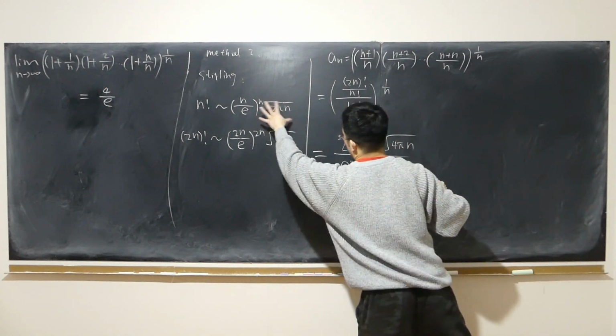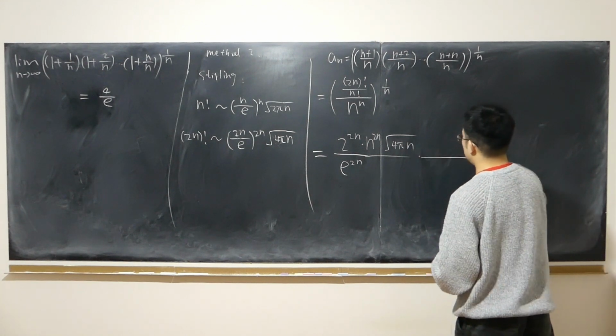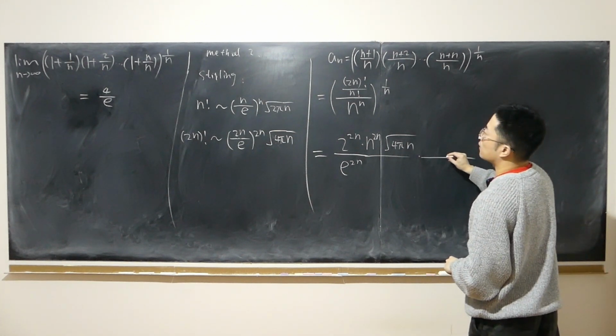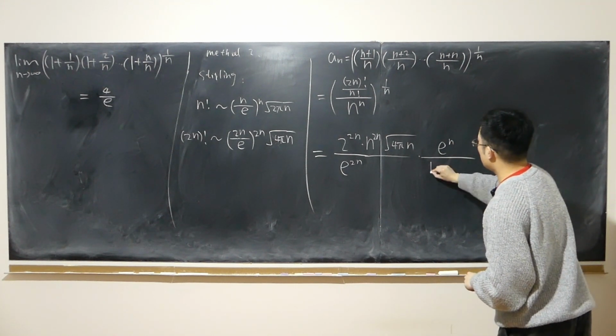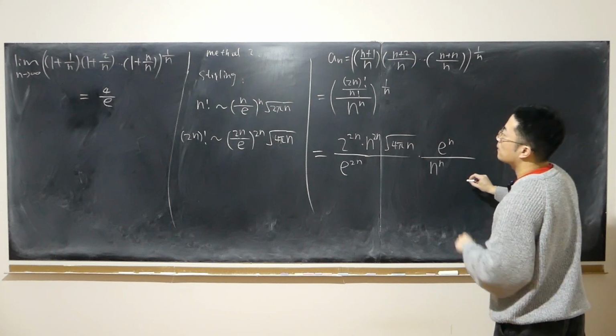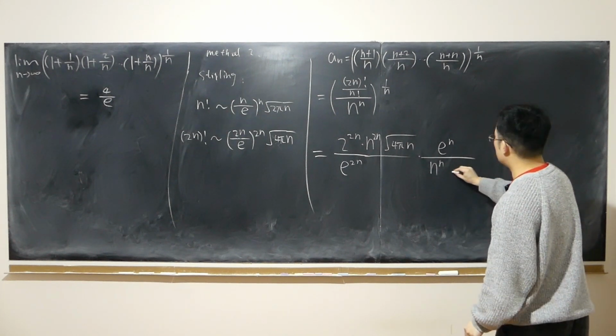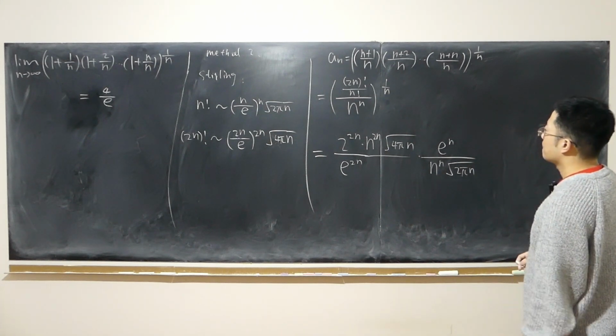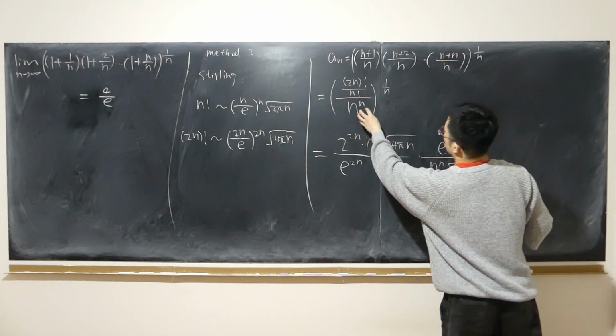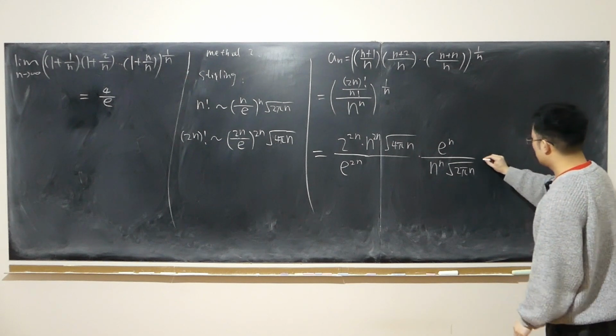multiplied by its reciprocal. Its reciprocal is what? e to the n and n to the n, times the square root of 2 pi n, also divided by n to the n.